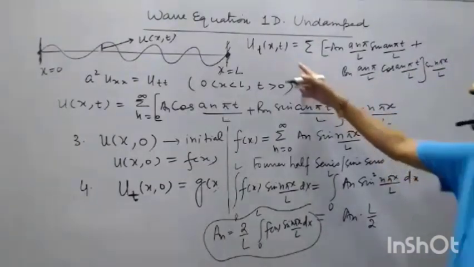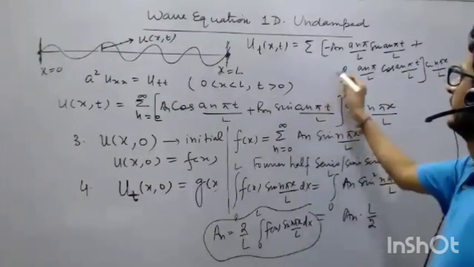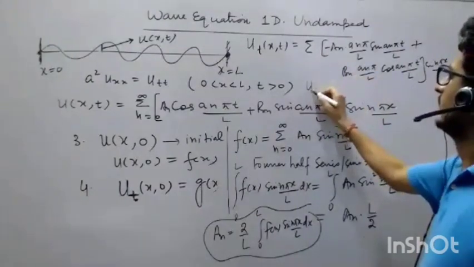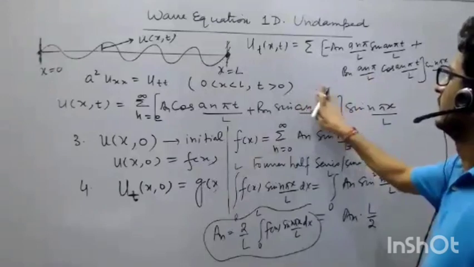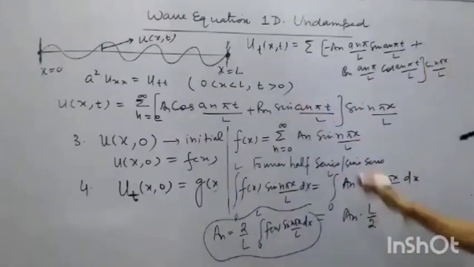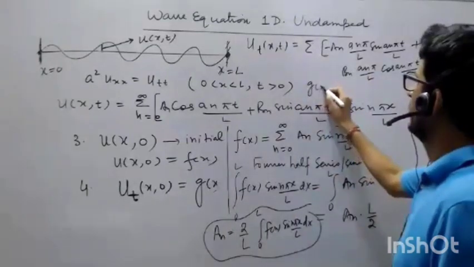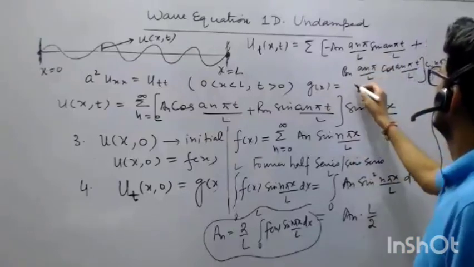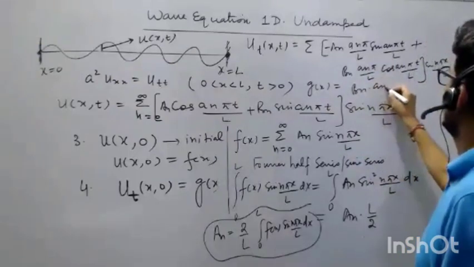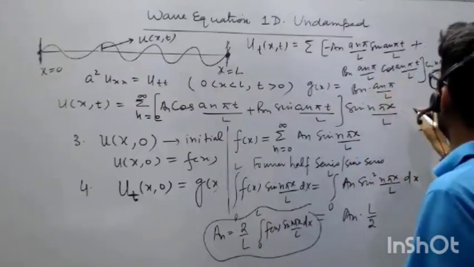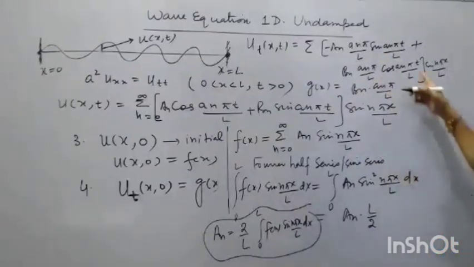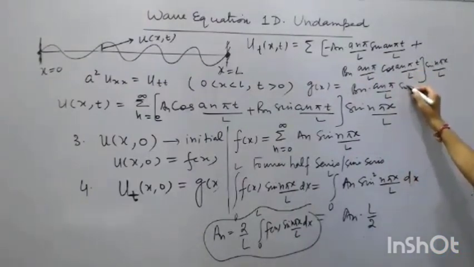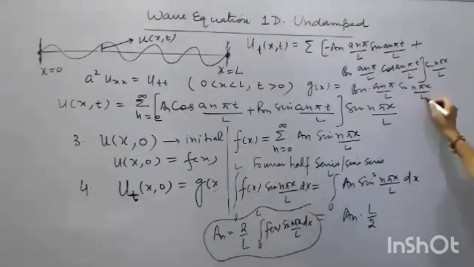And now if you put t is equal to 0, then what will happen? ut of this, which is equal to g of x, will be equal to, this will become 0, it will become bn into a n pi by l, and this will become 1, and into sin n pi x by l.